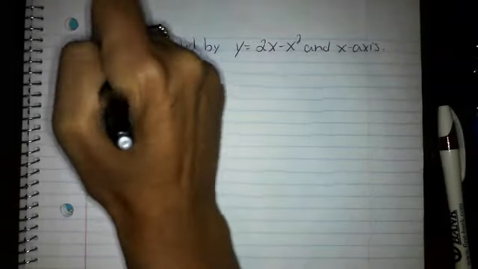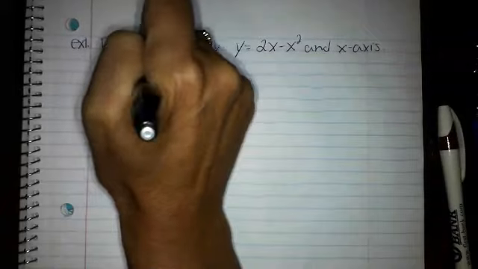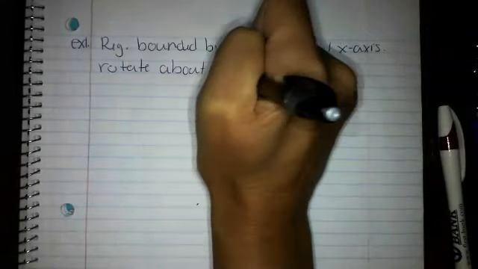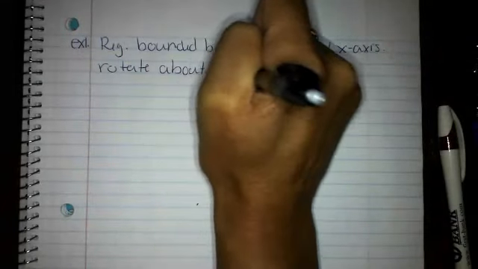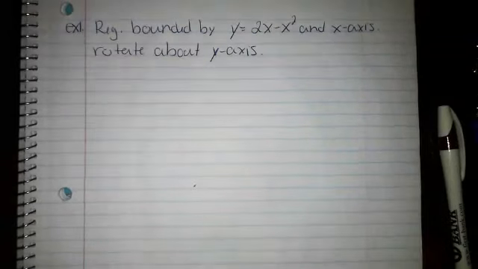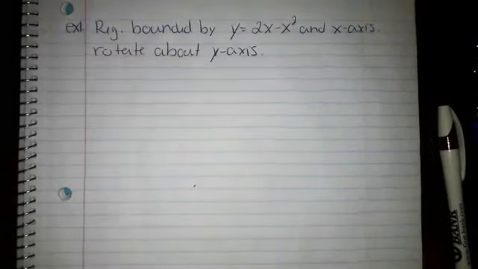And we're going to rotate about the y-axis. So the graph is crucial, and then your rectangle is crucial to tell you what formula you're following.